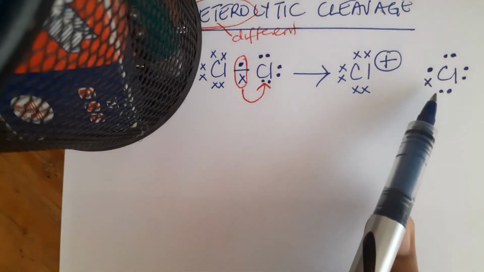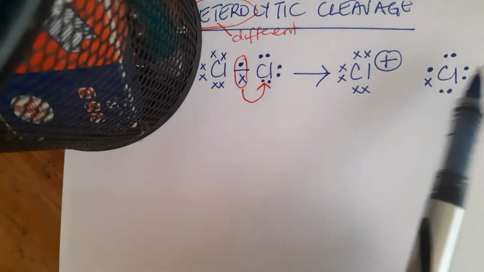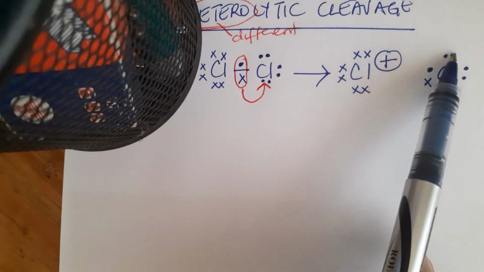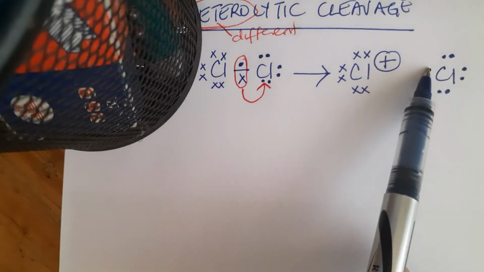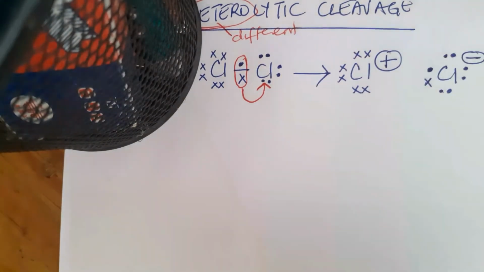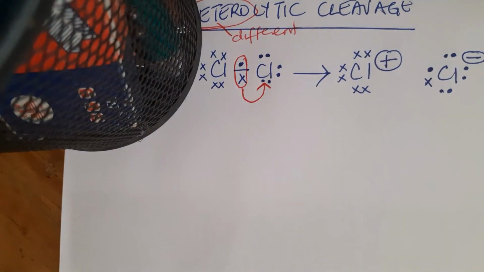So this chlorine has the original 7 electrons, 1, 2, 3, 4, 5, 6, 7, and it now got an extra electron. So it has 1 more electron than it originally had when it was neutral. As a result, this chlorine will have a negative charge.